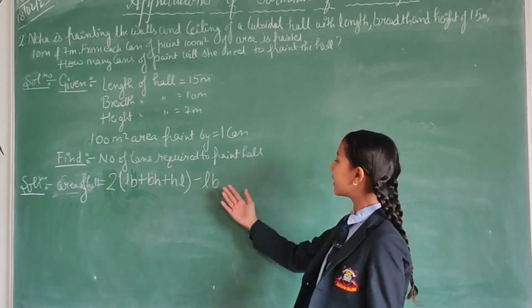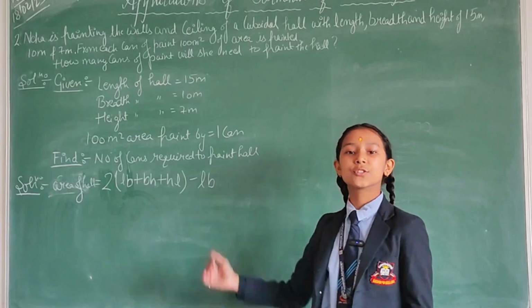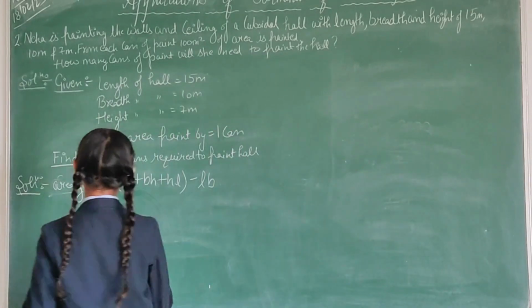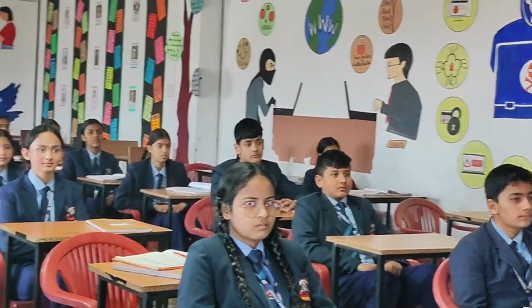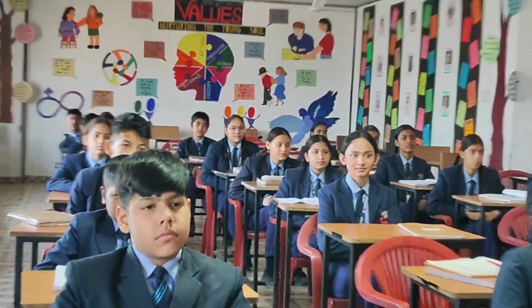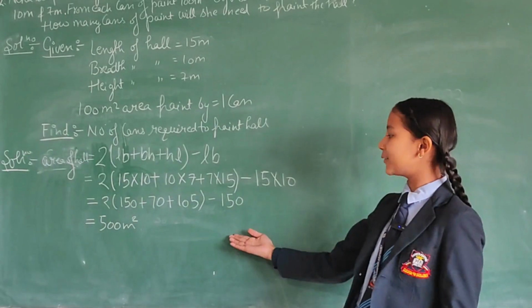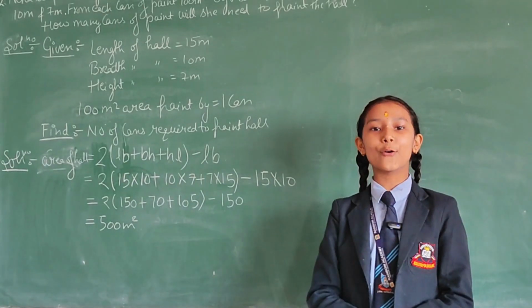So that's why here we have subtracting LB. So now let's put the value and find the area of this hall.